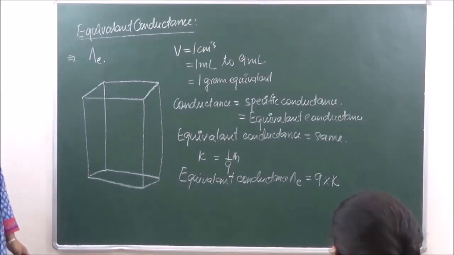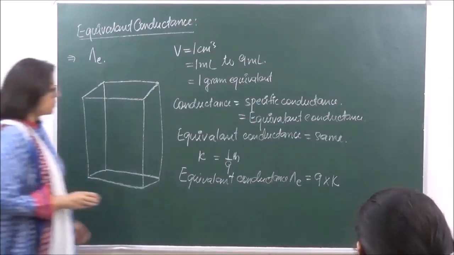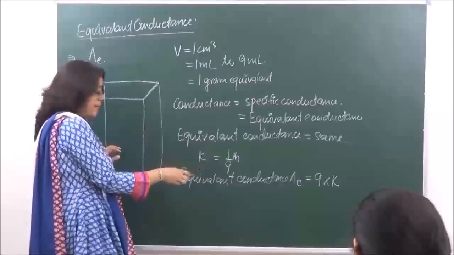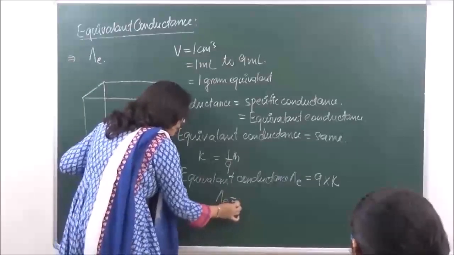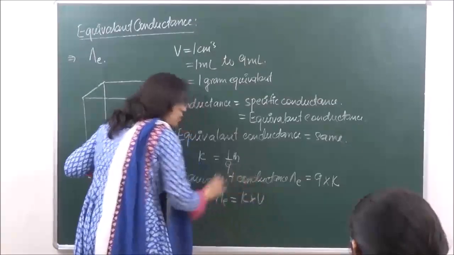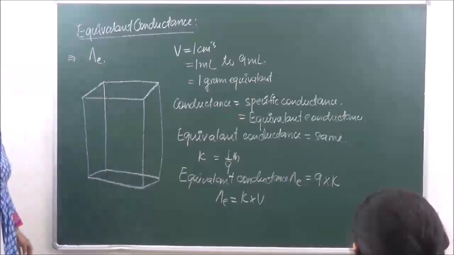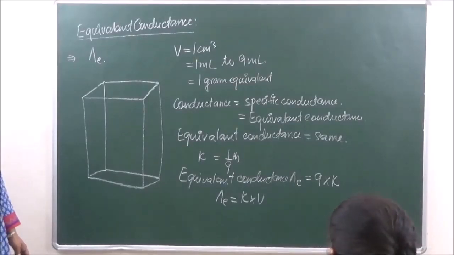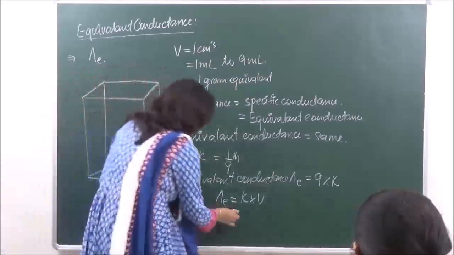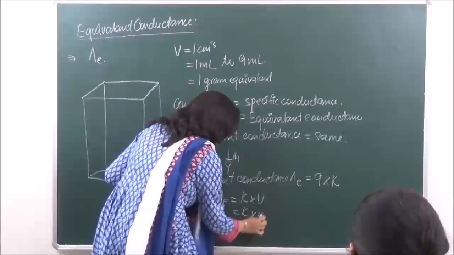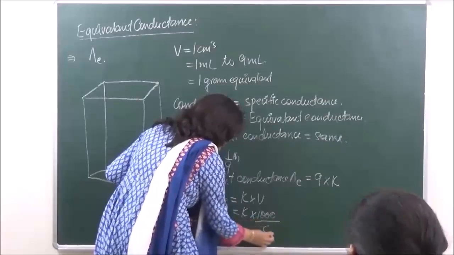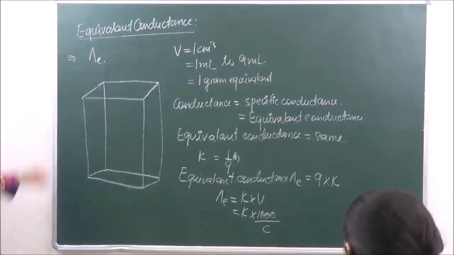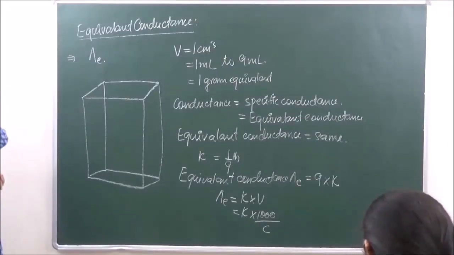In general, since we have increased the volume to 9, lambda E becomes equal to kappa into volume, where the volume is 9 ml here. And volume can be written as 1000 upon concentration.